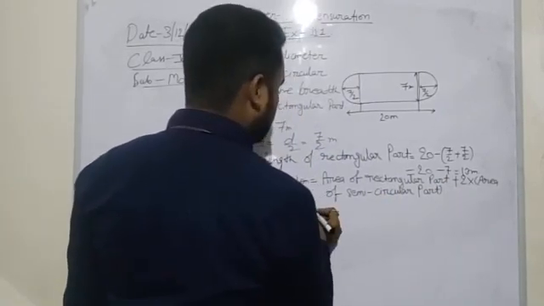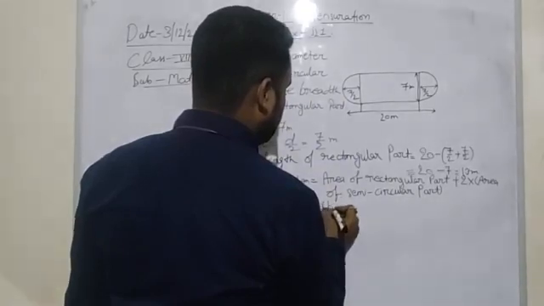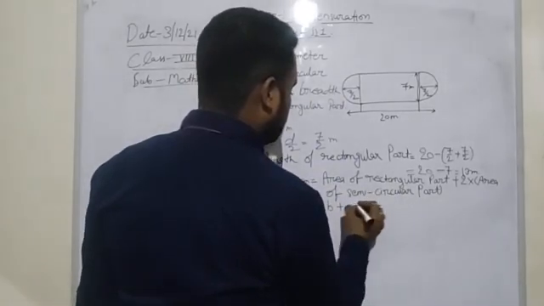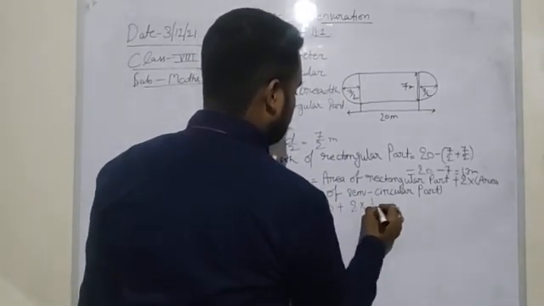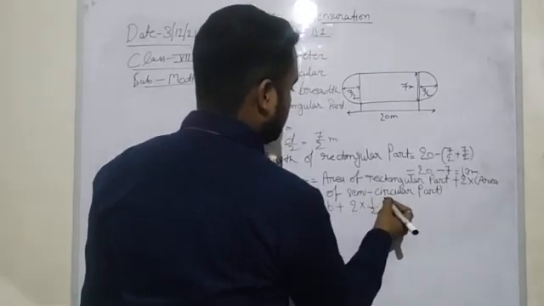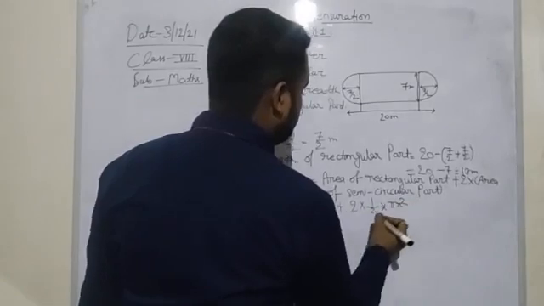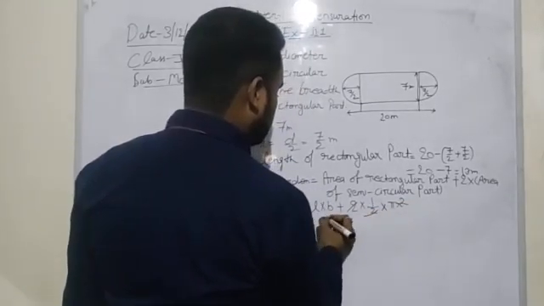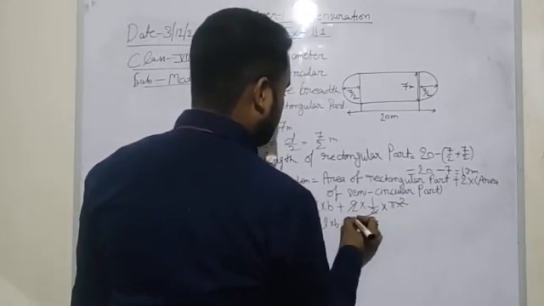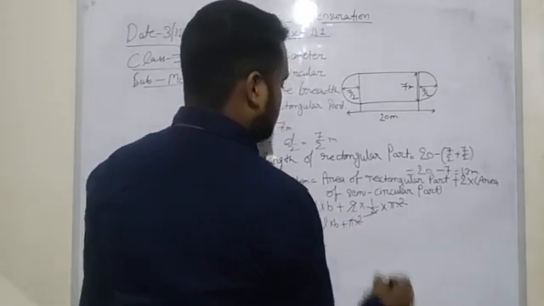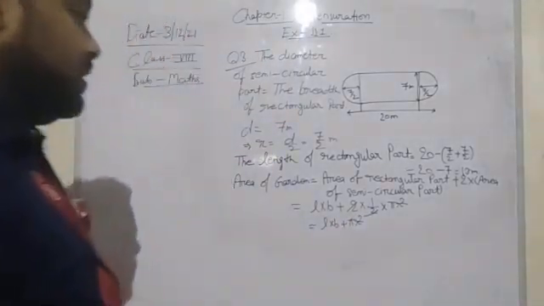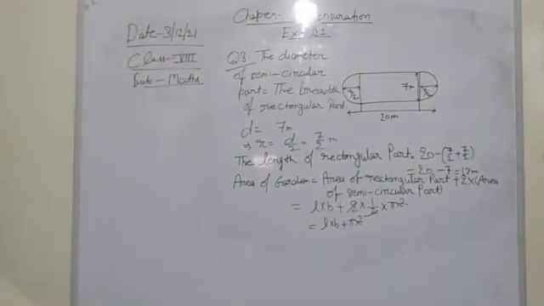Area of rectangular part is L into B, plus 2 into 1 by 2, that is area of semicircle, into pi r square. 2 can be cancelled out, so L into B plus pi r square. Put the value of r, L and B and pi, you can get the answer of area of garden. Note it down.